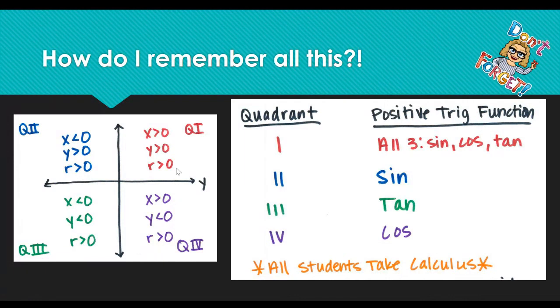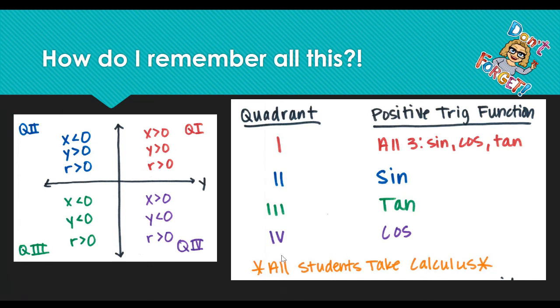So then if you say, okay, if I put X and Y together, what happens? In quadrant 1, everything's positive, all 3 trig functions. Quadrant 2 is sine, quadrant 3 tangent is positive, and quadrant 4 cosine is positive. And all we're really worrying about here are sine, cosine, and tangent, because then their friends that we flip upside down are going to match.